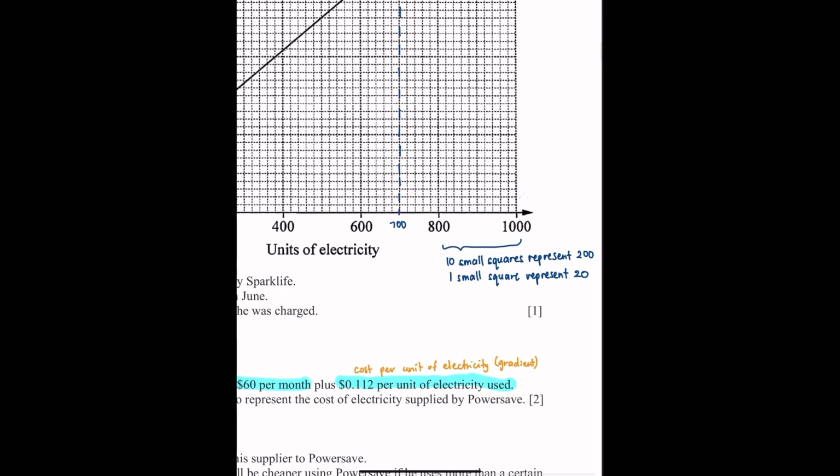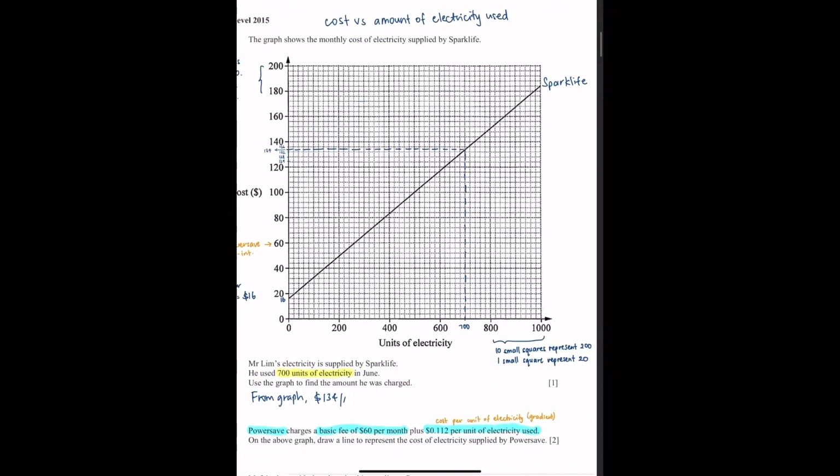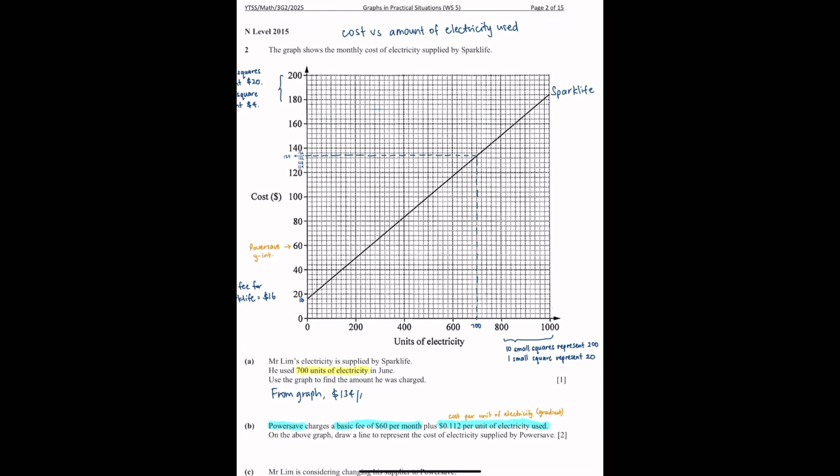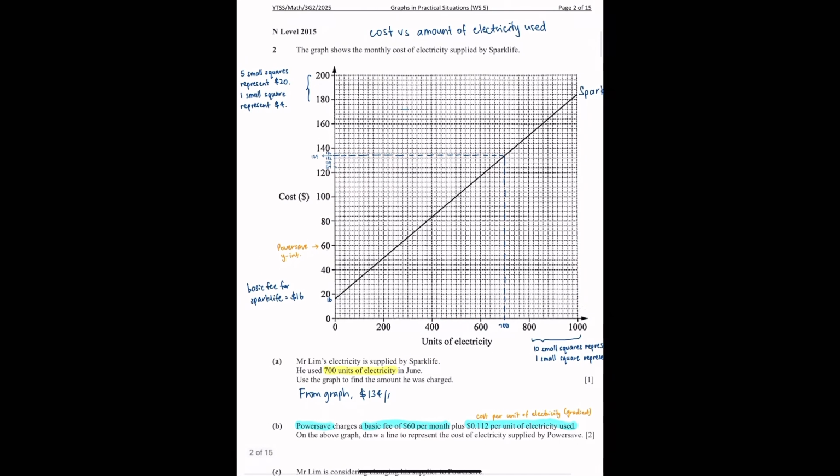Why do I say so? I'm going to zoom out and go back to Spark Life. So if you notice, y-axis represents cost, x-axis represents units of electricity. So if we were to write the gradient formula for this particular graph, y-axis is cost over units of electricity, which is the x-axis. So let me recap.